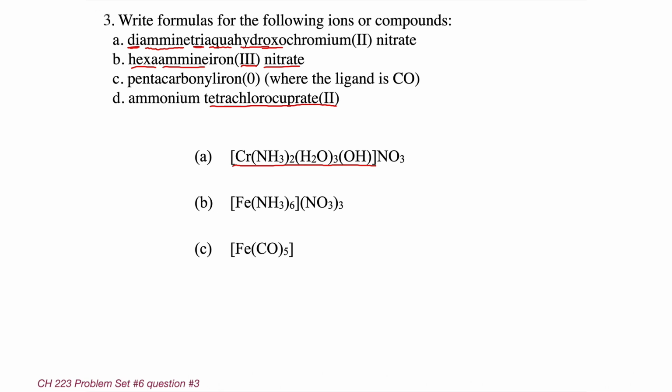It's negative because it's tetrachloro, 4 Cl's. Copper +2 and 4 Cl minuses, that complex ion is going to have a -2. Ammonium is a +1. So you're going to need 2 ammoniums to balance that CuCl4, and you'll be good to go. So the formula here, ammonium taken twice, (NH4)2, and then square brackets CuCl4.